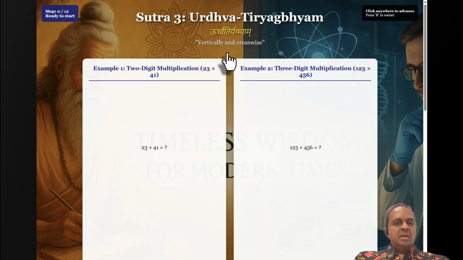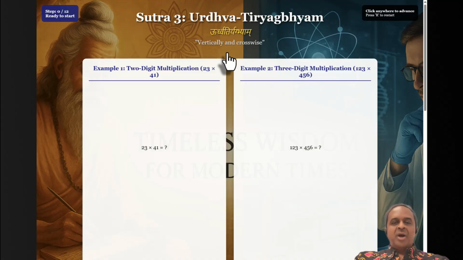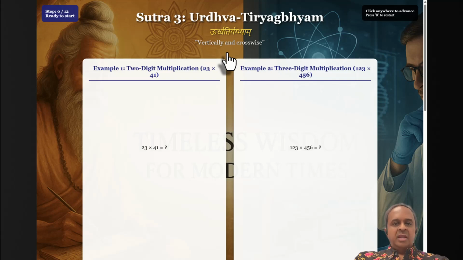The ancient sages recognized that this approach eliminates the need to memorize multiplication tables beyond 5 by 5, making calculations more accessible and efficient.